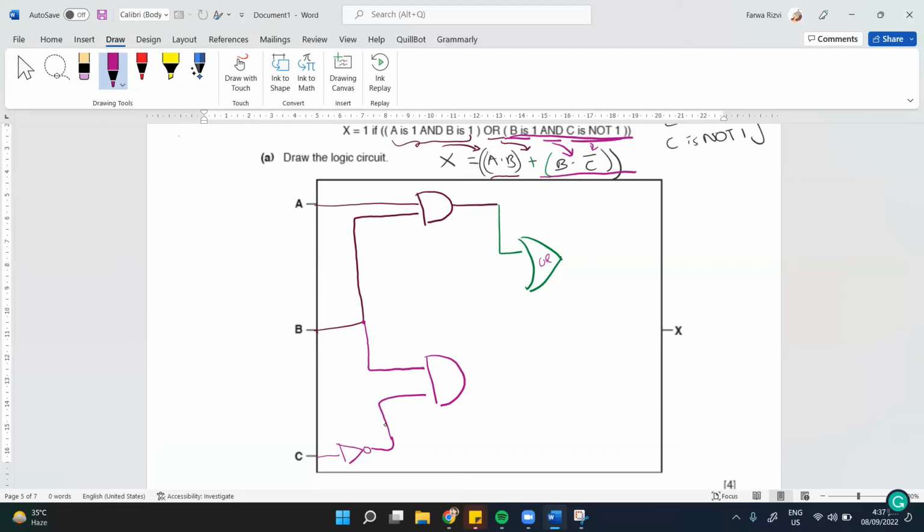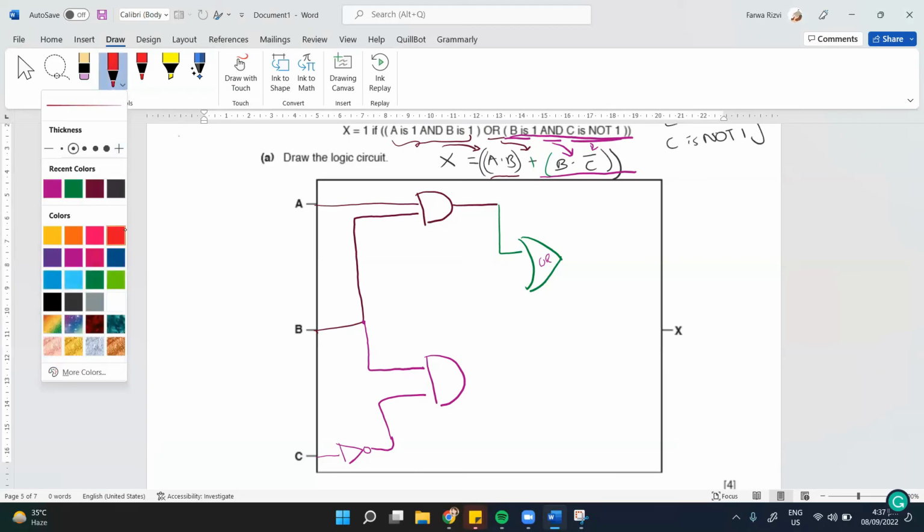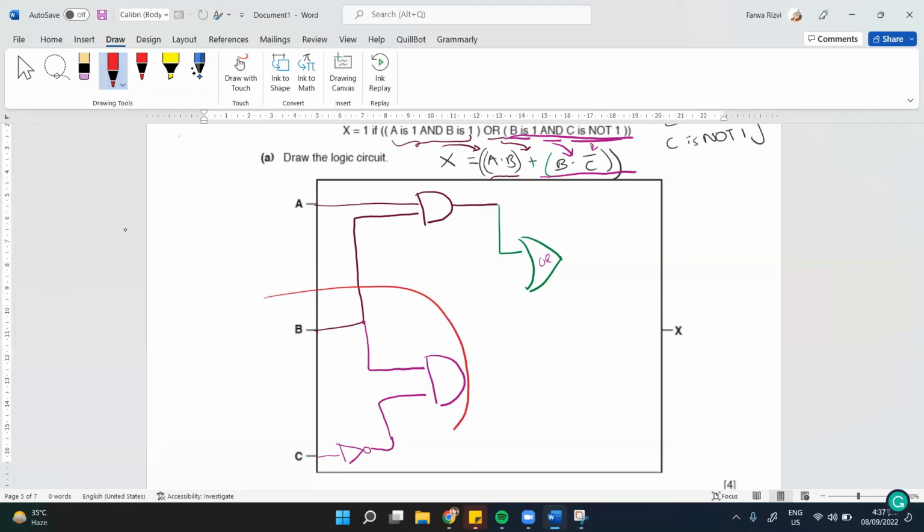Do you understand this? It's kind of confusing. Okay, we're gonna just solve it again one more time. But basically, this part that I made here is equal to B dot C bar.